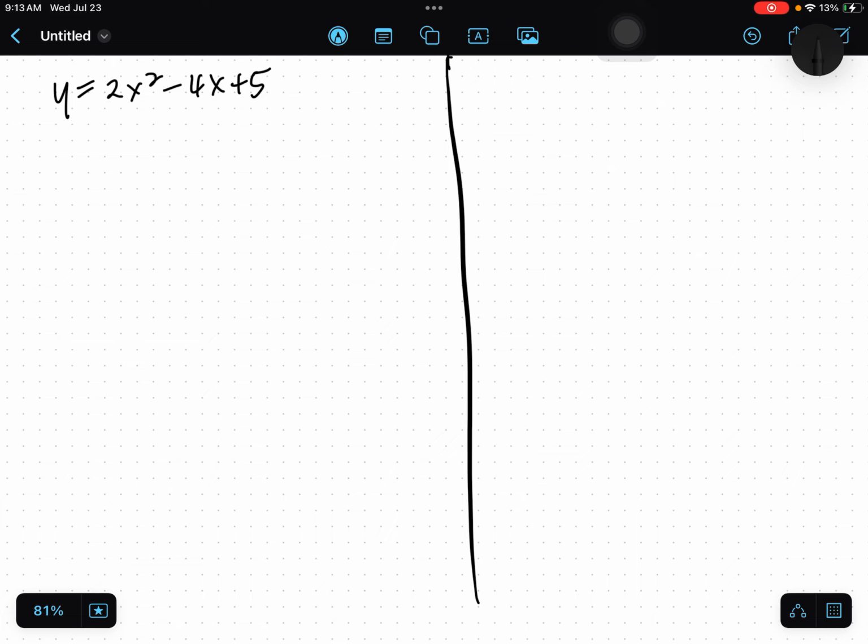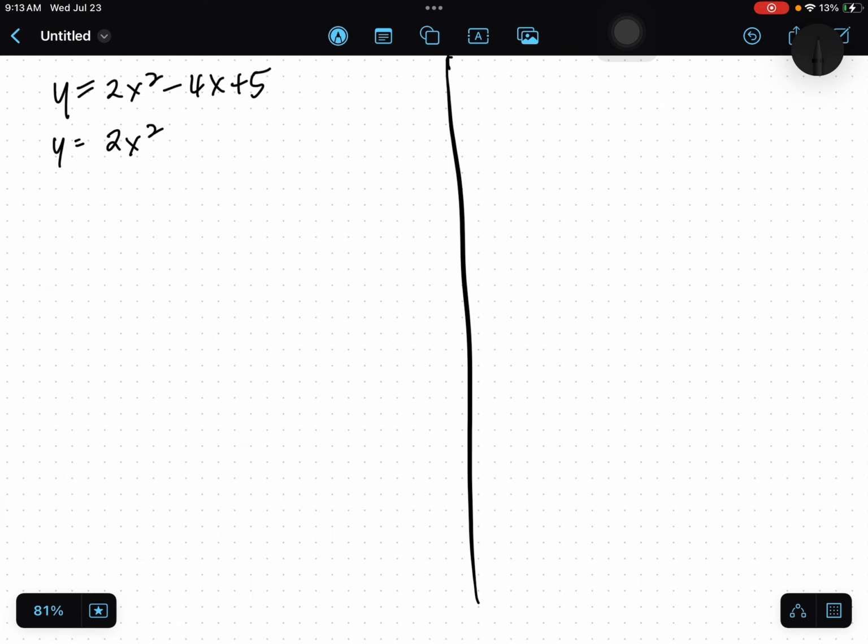In this case, hindi ko siya pwedeng gamitan ng completing the square kasi we have a 2. It complicates things. But in case you want to use completing the square for this, I will still show you.